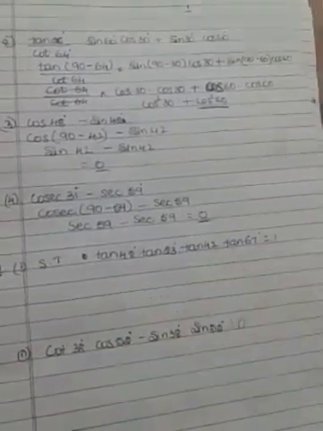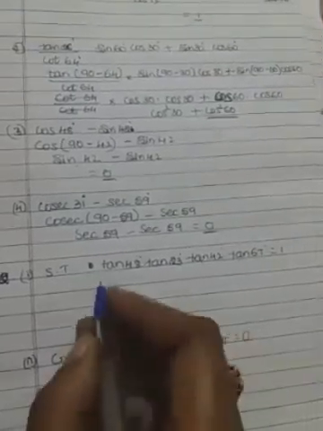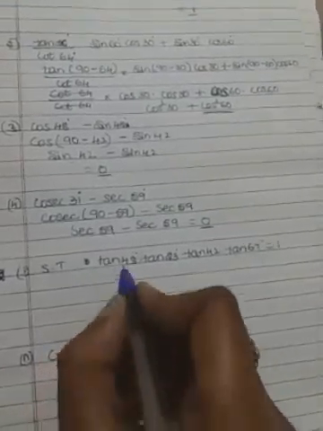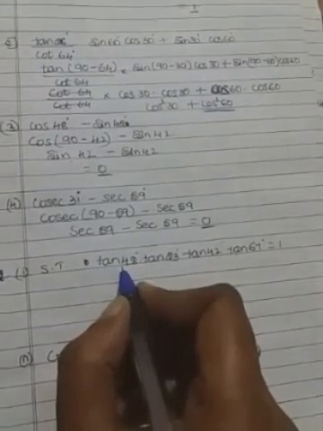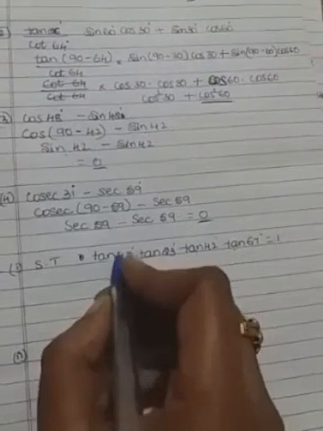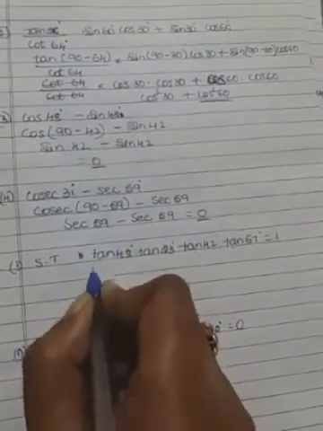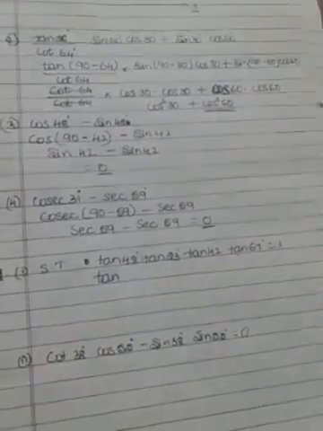Tan 48 into tan 23, tan 48 into tan 23 it is. We can write this as tan 48 into tan 23, as it is.